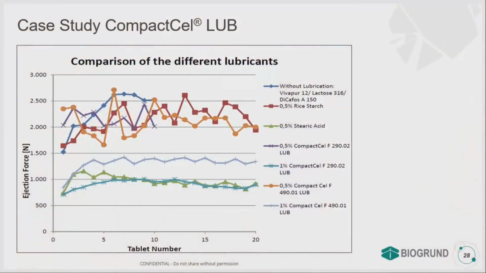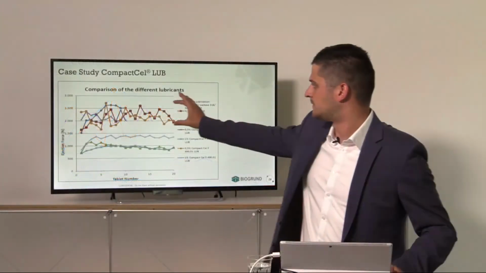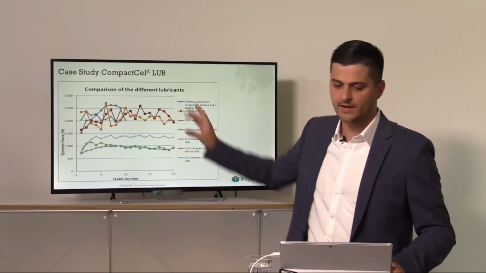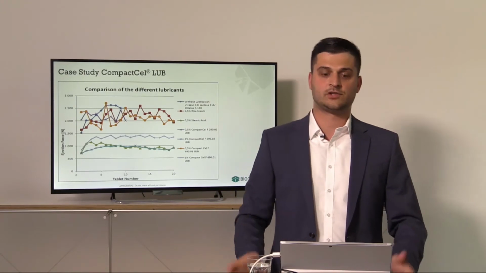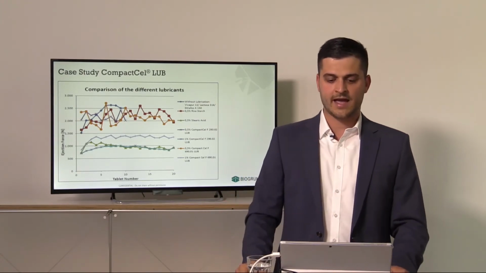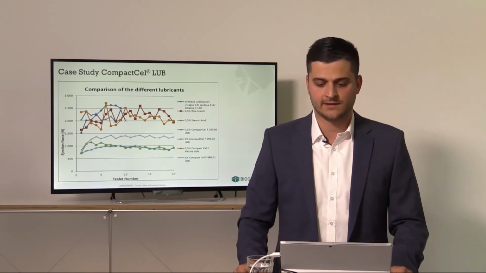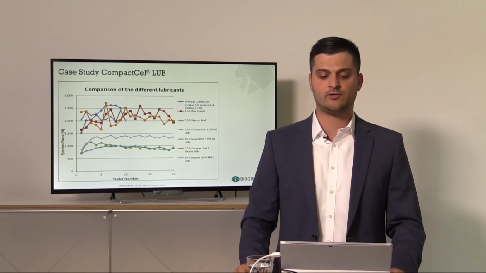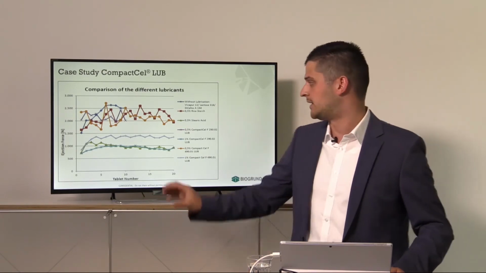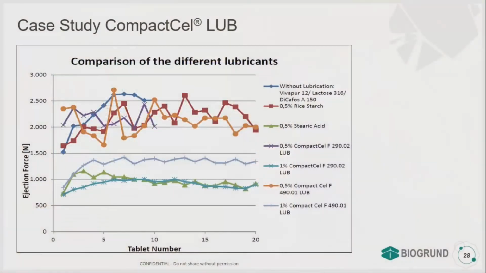Formulations without any lubrication and only rice starch, or the formulation with premixes only present with 0.5%, are in the upper part of this graph, so right here. Stearic acid, which is a well-known lubricant, and the premixes with 1% in the formulation are comparable in their lubrication functionality, right here.